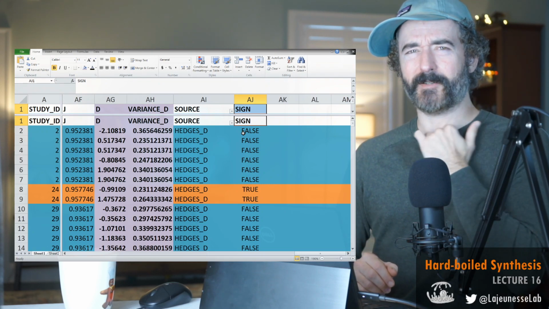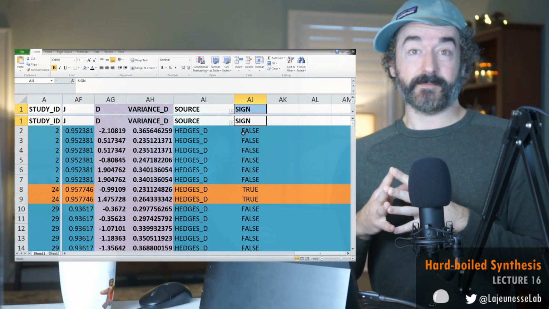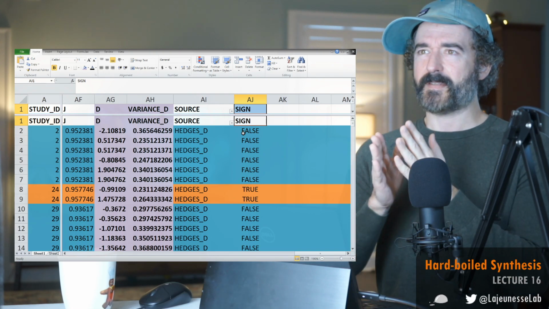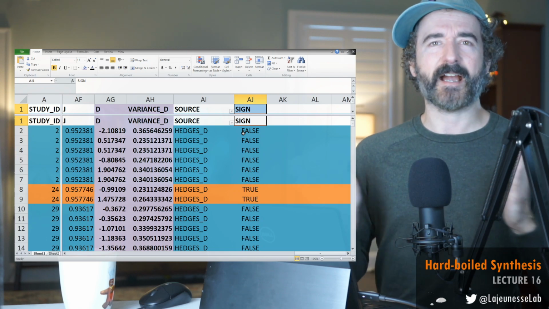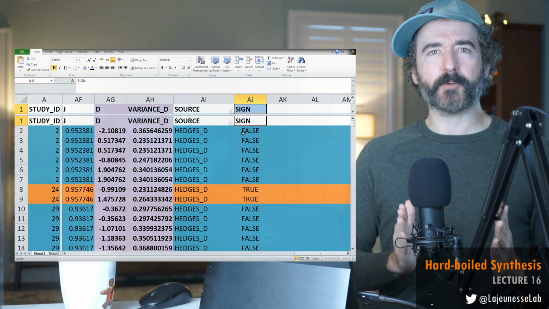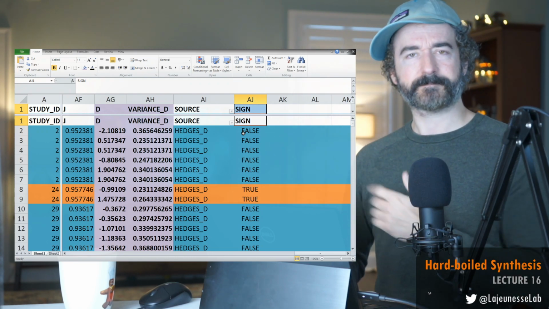Now that seems like a little abstract thing to say, but when you have your effect sizes, you're fairly standardized in the way you represent the outcomes. You've got your treatment group, catnip, and your control group, DEET.